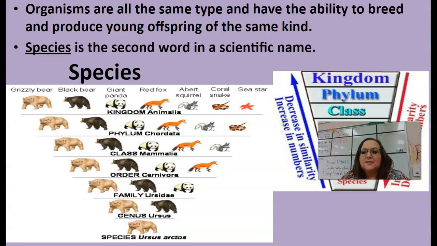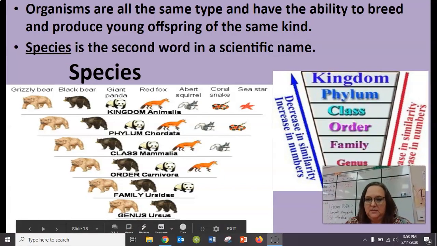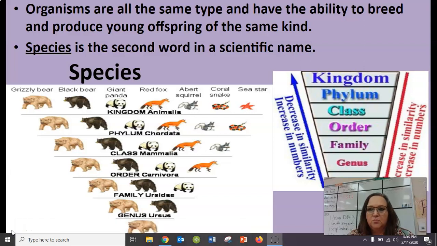The species is the second word in the scientific name. So, if you're the same species, that means that you are able to make more of your own kind. So humans, we're the same species, so we can make more humans. In this example, the grizzly bear can make more grizzly bears with other grizzly bears.